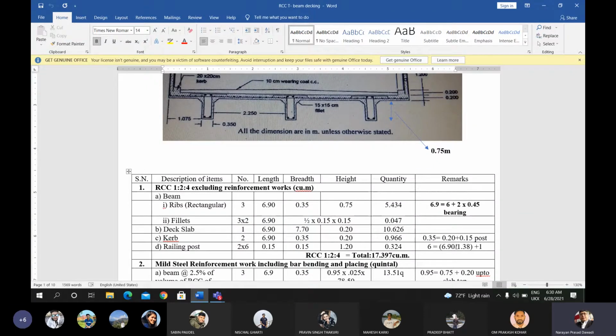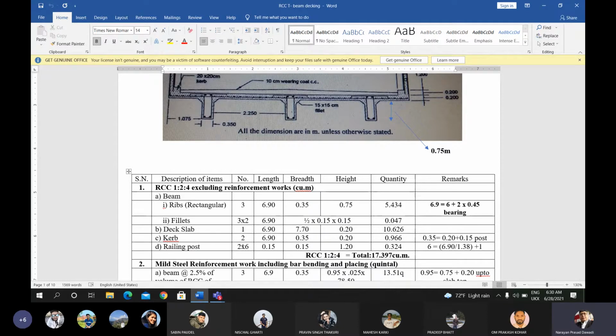You will get the value of 6. Okay, 6 for each side, and for the double side, the total number of railing posts will be 6 into 2, that is 12.